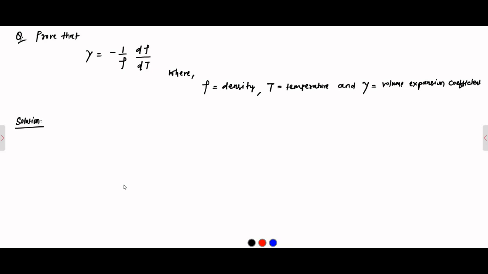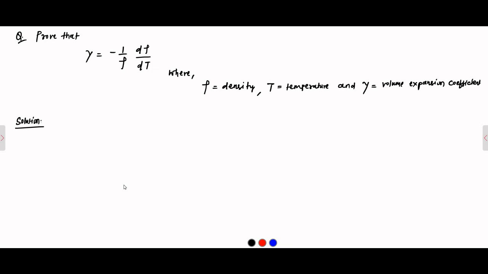So here is another question on thermal expansion. It is given to prove that the volume expansion coefficient gamma is equal to minus 1 by rho d rho by dT, where rho is the density, capital T is the temperature, and gamma is the volume expansion coefficient.